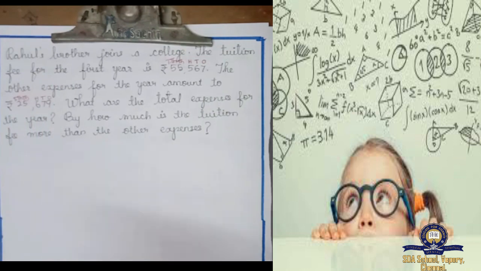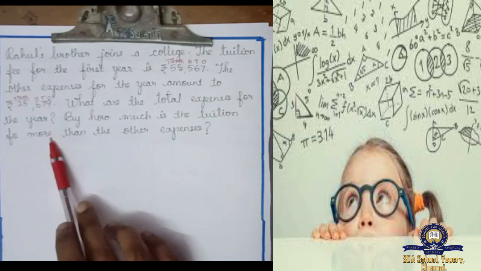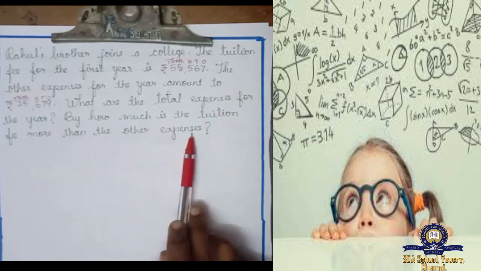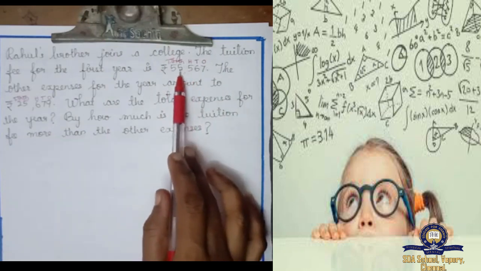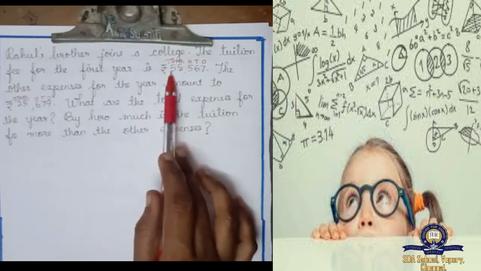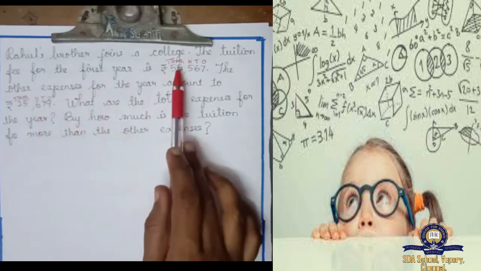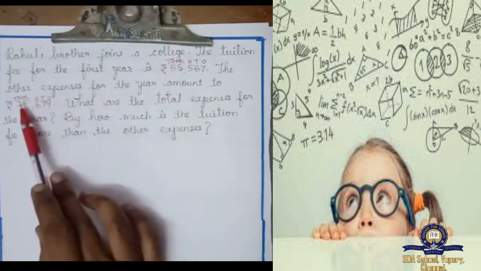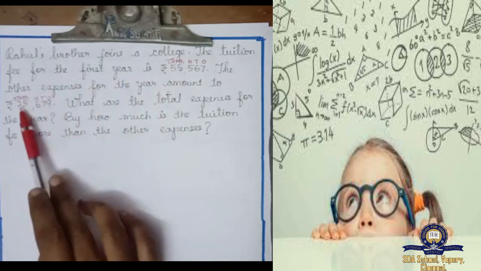So the next question is, by how much is the tuition fee more than the other expenses? Like the first sum, how we have done. So you can see the first year tuition fee that is greater than the other expenses, because here also till 10,000, here also till 10,000, but here 55,000, here 25,000.